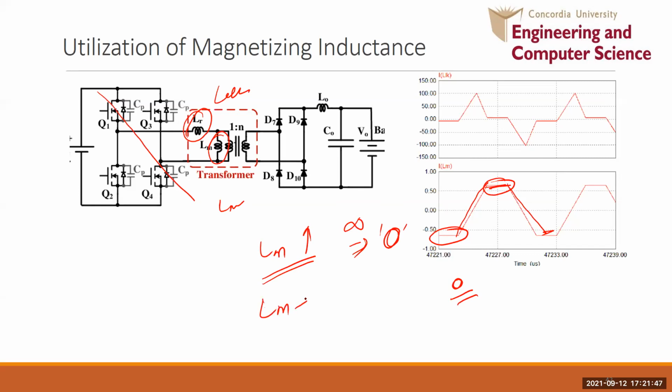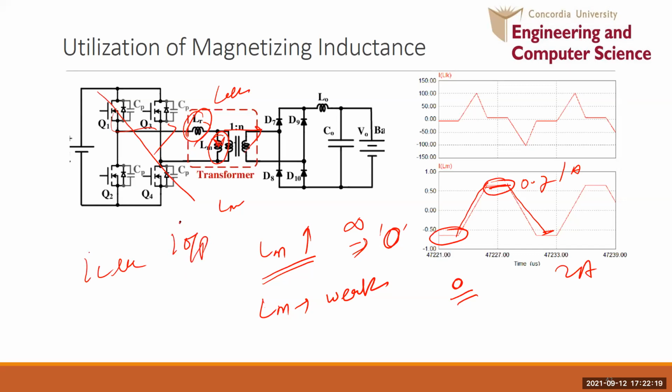But if you make the transformer quite weak, then its current has some value. Right now it is 0.7, it may be 1 ampere, it may be 2 ampere. And where is this current coming from? It is coming from here, which is coming from leakage. So the leakage current is basically the transformer current plus the output current. Earlier we were saying the leakage current is the output current.